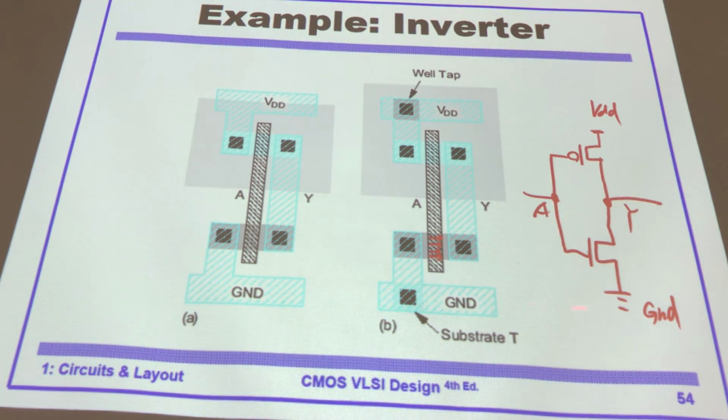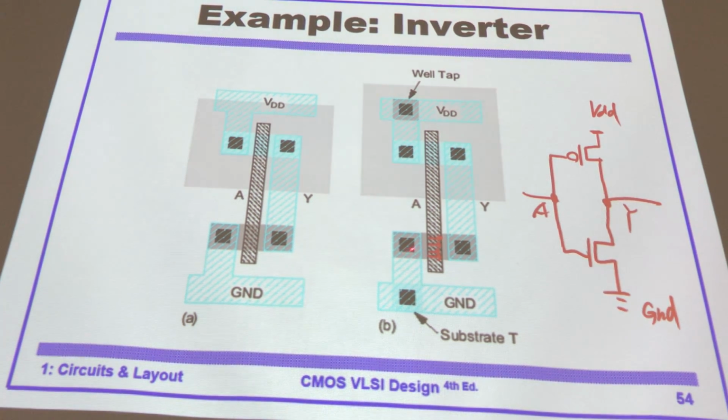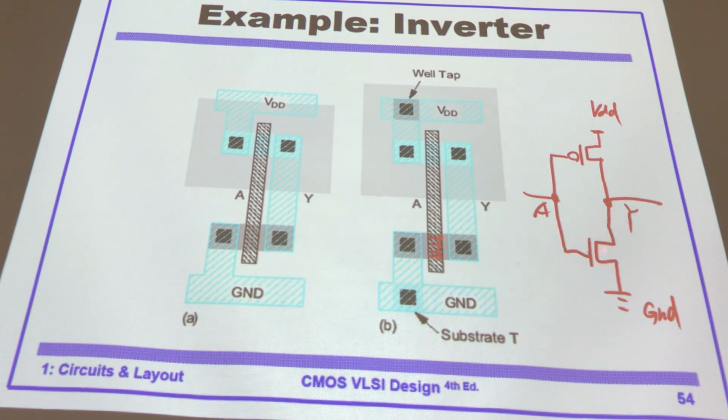VDD where, ground where, the tag, and the MOS transistor here. A is the input signal, polysilicon, crossing the diffusion beneath. Okay?